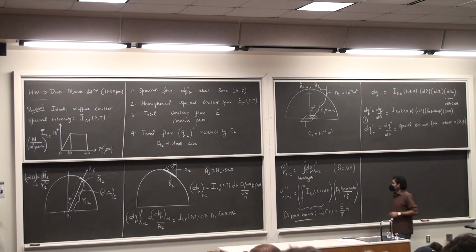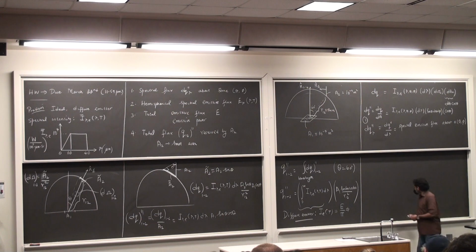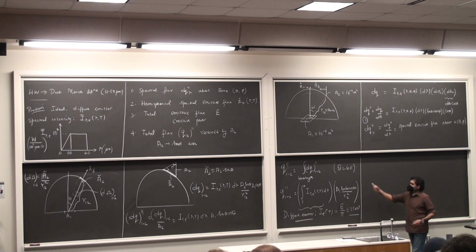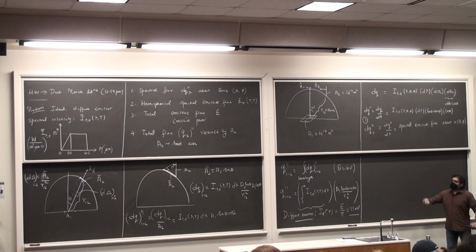You can calculate it. So this is going to end up as 35, that is about 4. And then substitute this for area A1, which is 10 to the power minus 4 meter square, and sine 60 cosine 60. R12 is 50 centimeters. Okay? So let's move on.